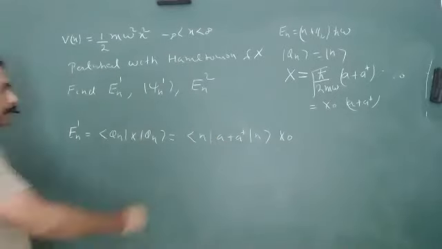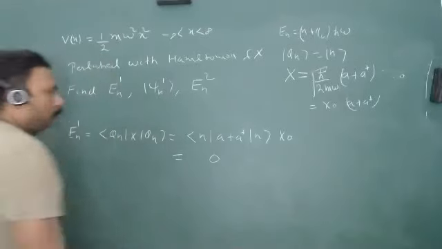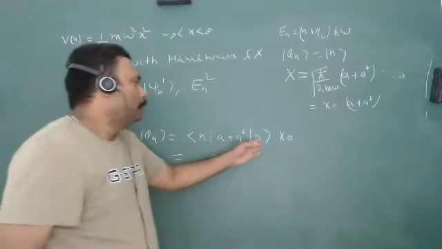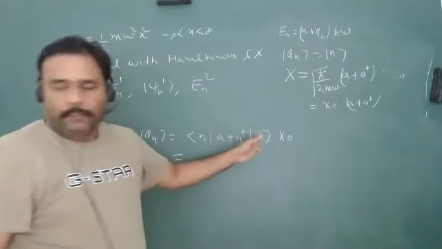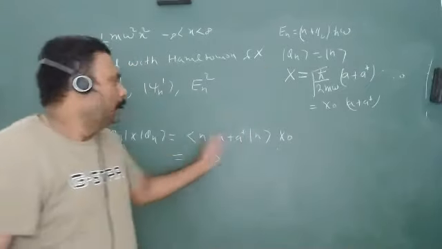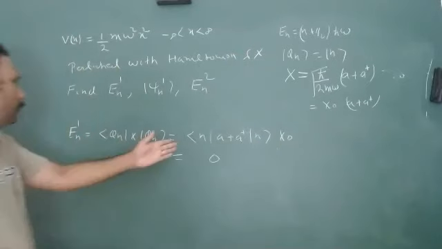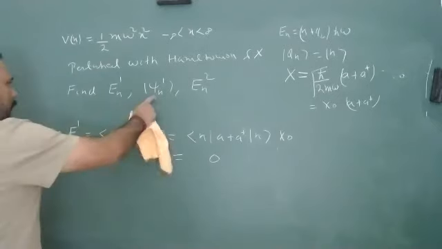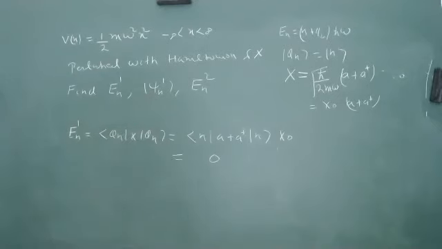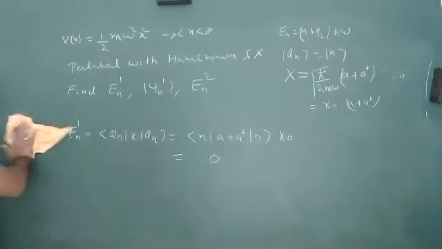That's it. 0. Because a will operate on n to give n minus 1, and n with n minus 1 is 0. A dagger will operate on n to give n plus 1, and n with n plus 1 is also 0. So there is no correction in first order. This is very interesting. This is ultimate. And let's try to figure out what is going to happen. Are you comfortable up to this? Yes, sir. Okay.